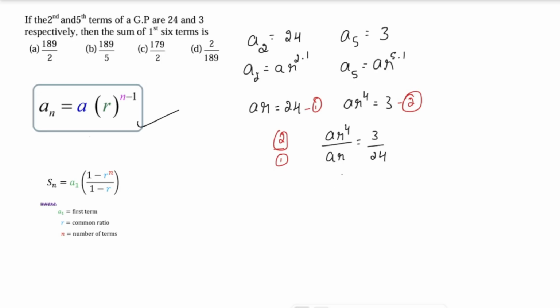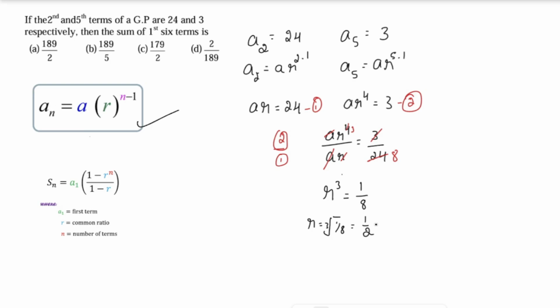If you cancel A and R one time, the remaining is R cube, and on the right hand side, 3 ones are 3, 3 eights are 24, so 1 by 8 is remaining. So R cube is 1 by 8. If you find the cube root of 1 by 8, we get R is equal to 1 by 2. So the common ratio is 1 by 2.